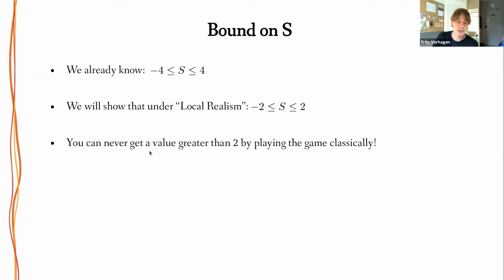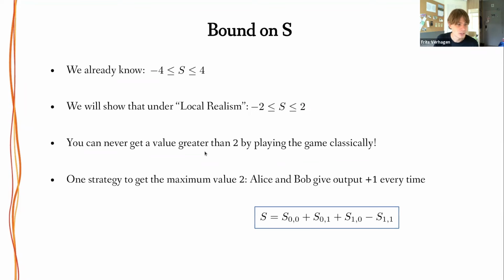So actually, if you play this game classically and you have enough rounds, then you can never get a value above 2. So whatever ingenious strategy you come up with, it's never possible to get a value better than 2. And actually, one strategy to get to this maximum is just by having Alice and Bob output a +1 every time. So it doesn't matter what their input is or what the sources do, they just say +1 every time.